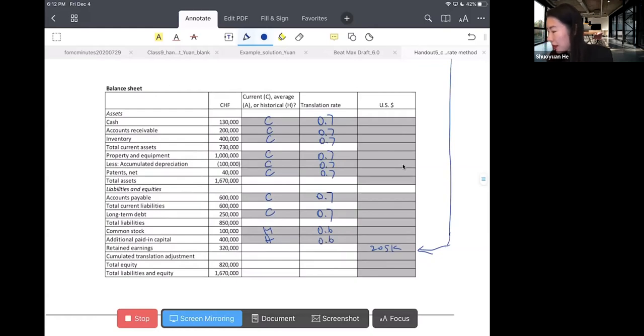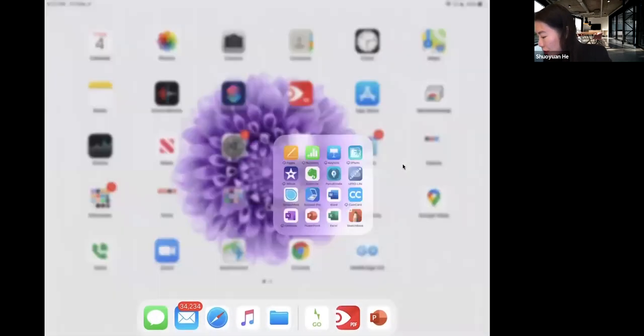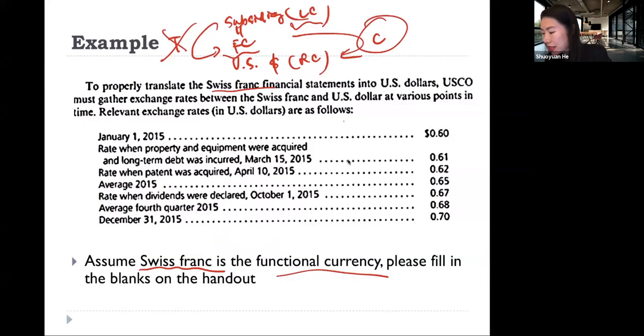Maybe I should go back to tell you where those rates are coming from. As you can see here, the average rate is 0.65. That is the average during the year 2015. And then the historic rate for the dividend is 0.67.